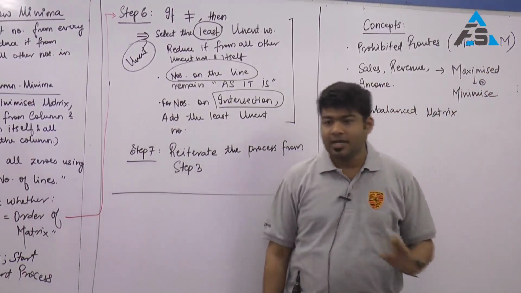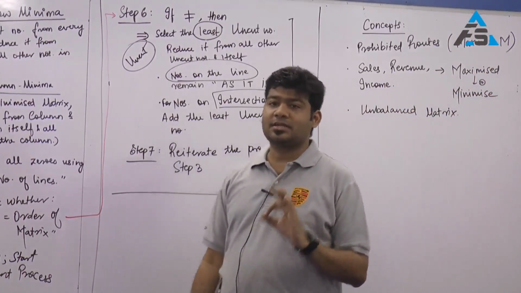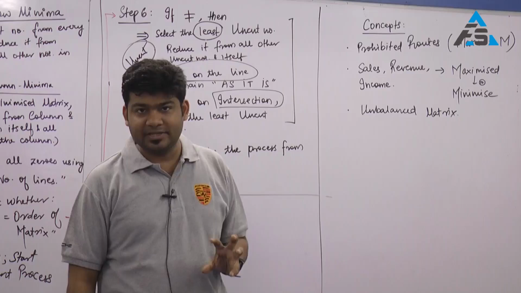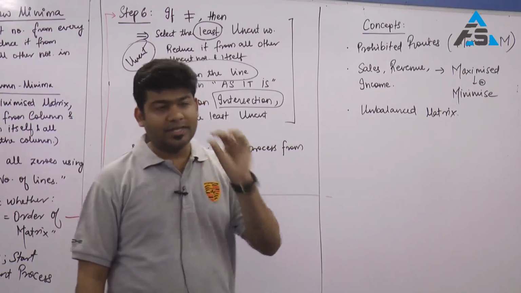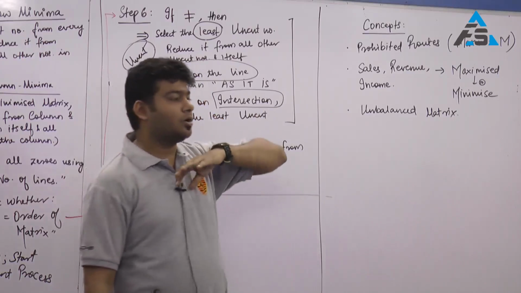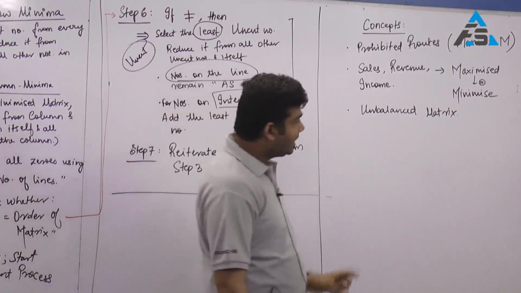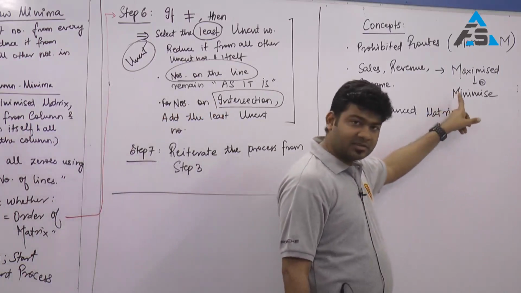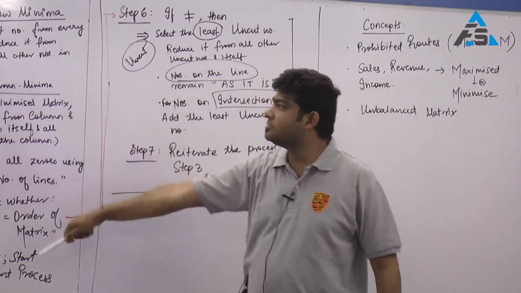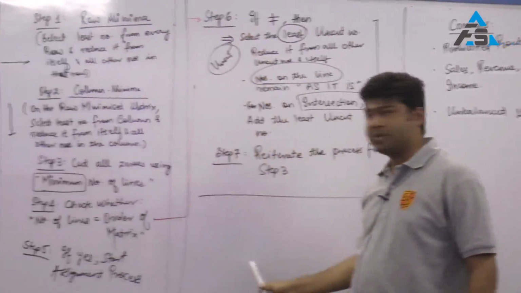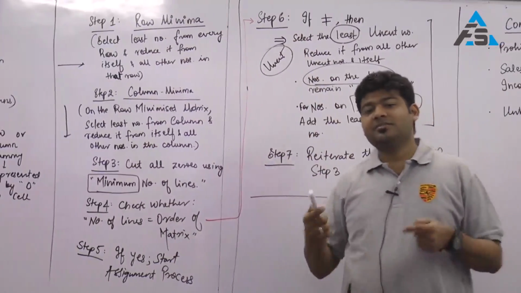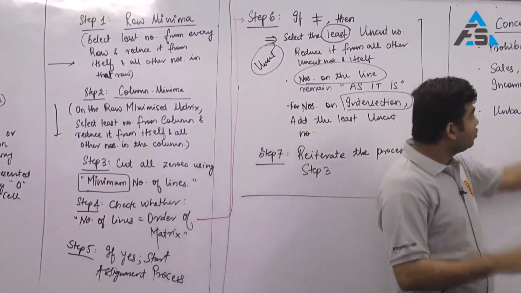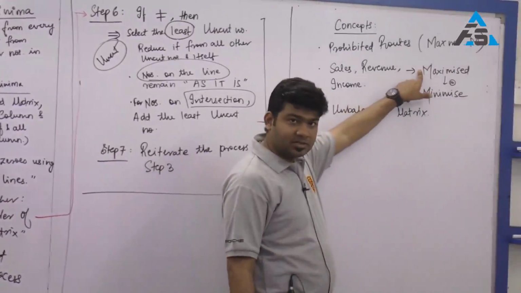How do we do that? By selecting the highest number in the whole matrix, and subtracting all other numbers from that number, and you will get a minimized matrix. Solve like we have solved any other assignment problem, and then when the final allocation is to be done, do it on the maximized matrix. I hope I am clear.